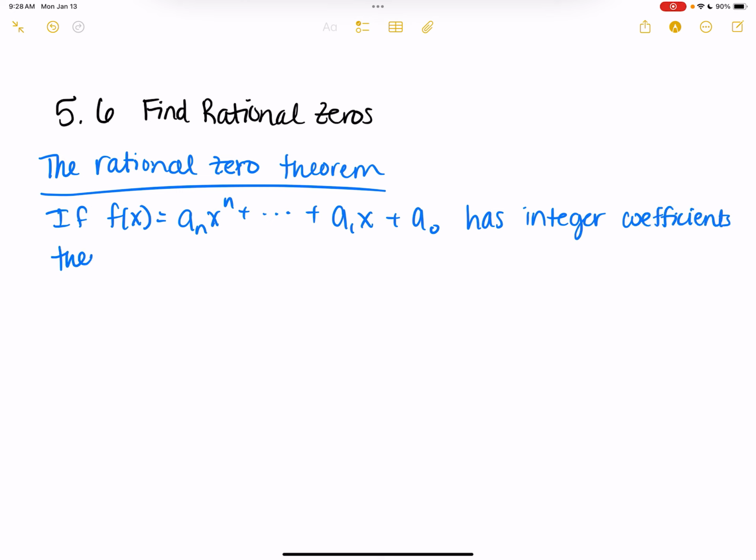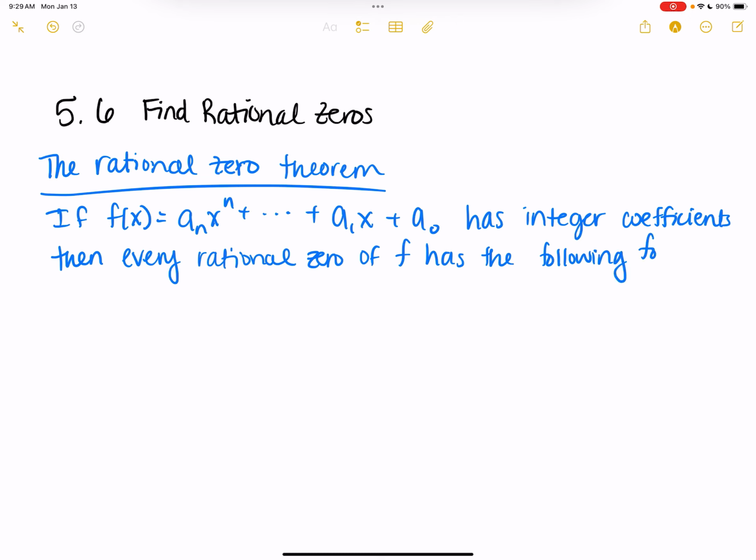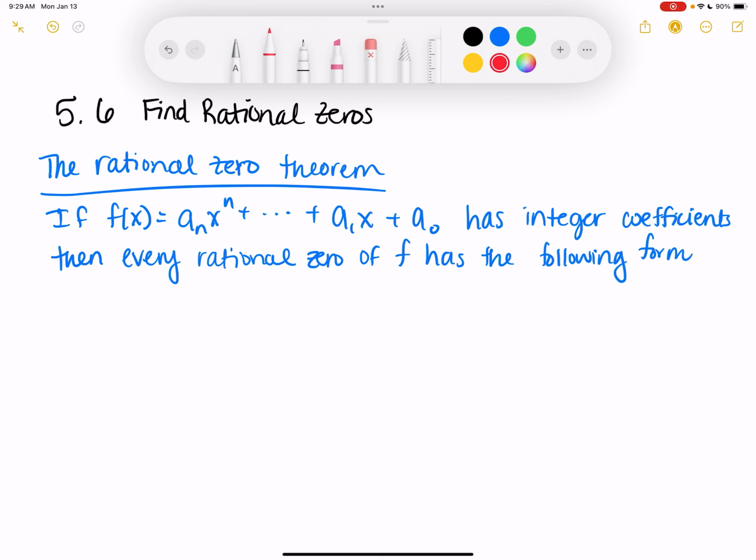Then every rational zero of f has the following form. And that is plus or minus p over plus or minus q, where p is the factors of the constant term a sub 0.